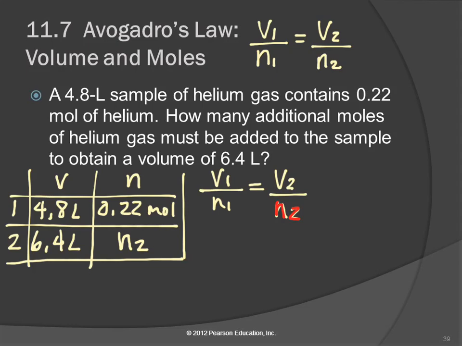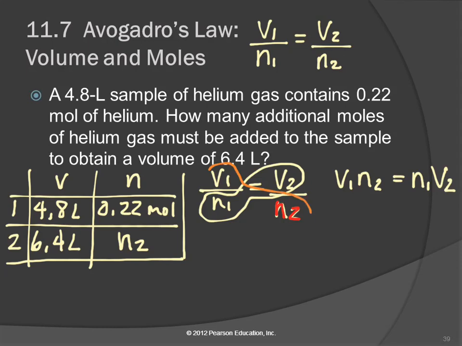So we're going to cross multiply. We'll end up with V1 times N2 is equal to N1 times V2. So I took these two and multiplied them together, and I took these two, and that's called cross multiplying, and that's how you can get rid of fractions.